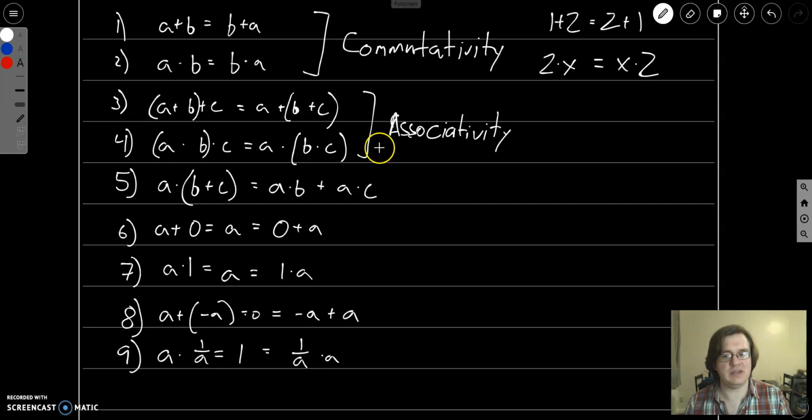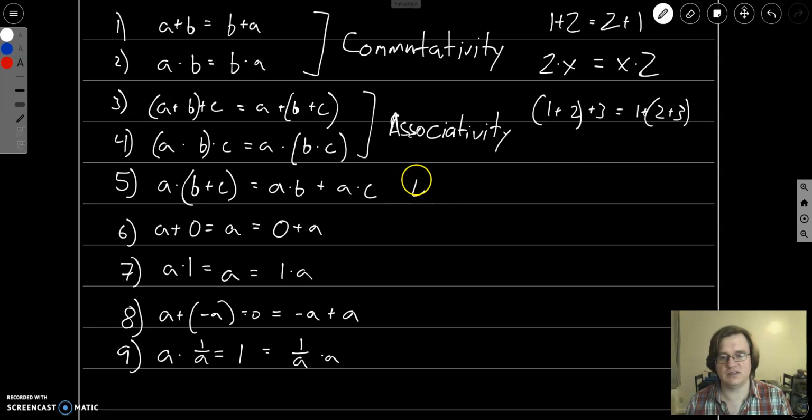If we take a times b times c, it doesn't matter if you put the parentheses around the a and the b, or the b and the c. So for instance, if I took 1 plus 2 plus 3, we know that this equals 6, and it doesn't matter if I take 1 plus 2 to get 3 and add 3, or if I do the 2 plus 3 first, and then the 1. And then the same thing for multiplication.